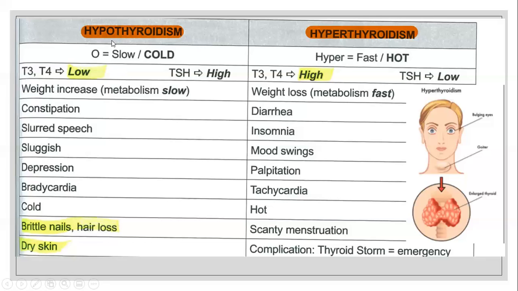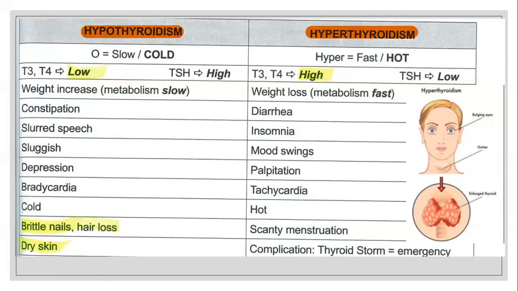On the other hand, hypothyroidism: hypo, slow, and also cold. The patient feels cold. T3, T4 down, but TSH, thyroid stimulating hormone, goes up. Why?